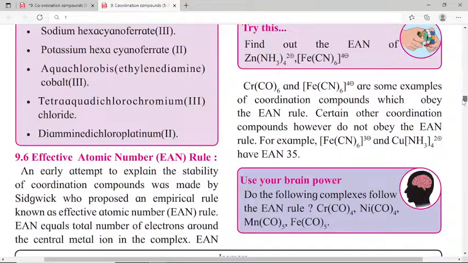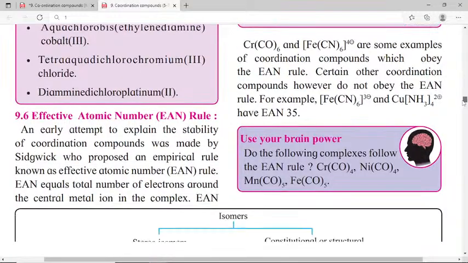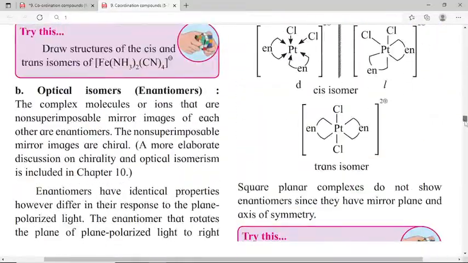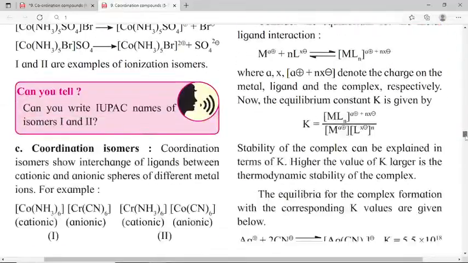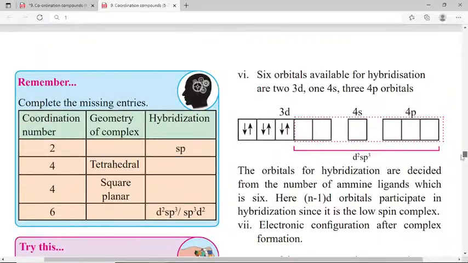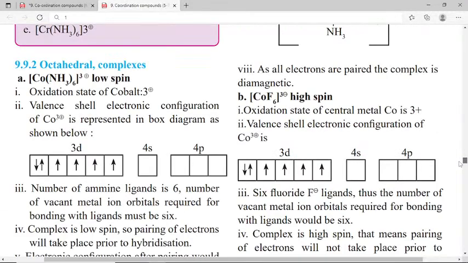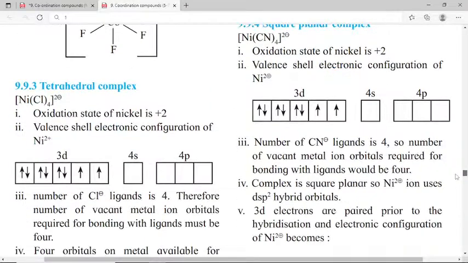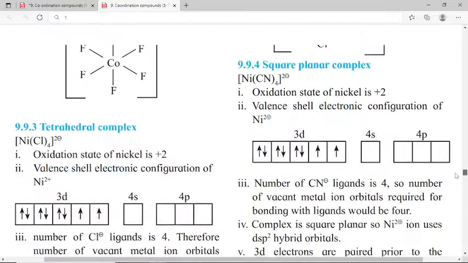That's NiCl4 minus. Okay, this is the NiCl4 minus.